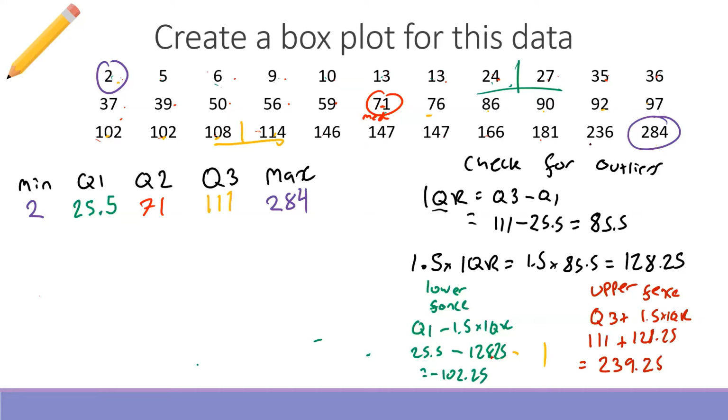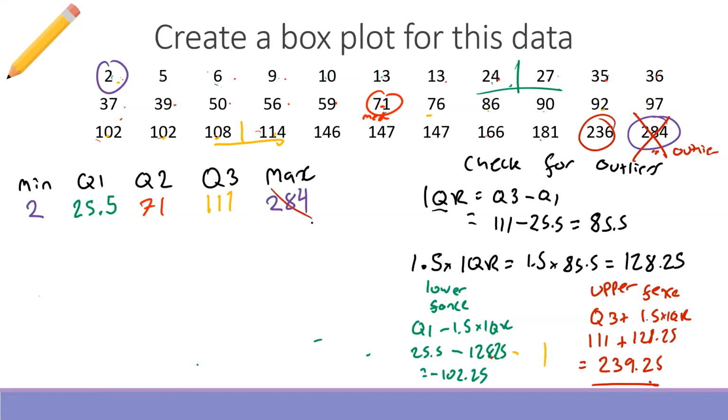Now, if we look here, there is a number that is larger than 239.25. It is our maximum at 284. This is a lot larger than 239. This is an outlier.